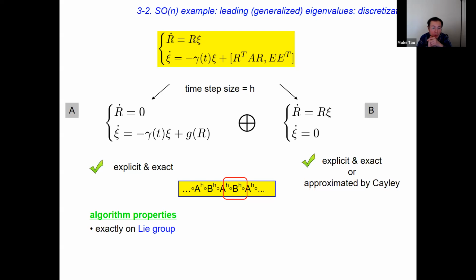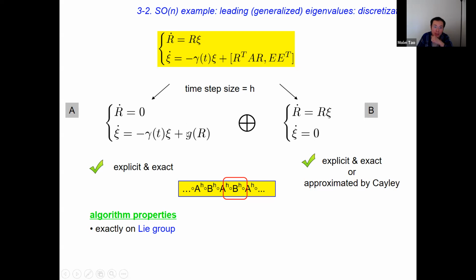In fact, this is a very good numerical integrator because number one, it's going to be exactly on the Lie group. For example, if you take a look at the flow by A, of course, it's exactly on the Lie group because R doesn't change. So it stays on the group. Cassini changes according to a linear dynamics. And you can easily prove that if it started being skew symmetric, it remains to be skew symmetric because the evolution is given by a scalar.